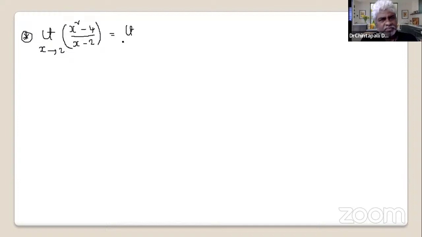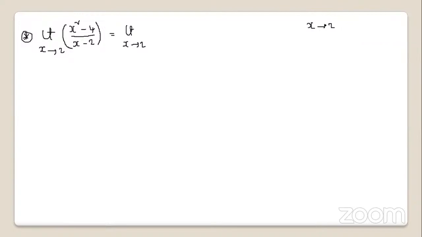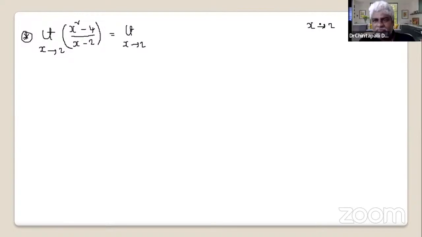Limit as x tends to 2. What is x square minus 4? What is your opinion about x tends to 2? What do you mean by x tends to 2? Is x equal to 2, or x approaching 2? X reaches 2 but never is 2. That means very clearly x is not exactly equal to 2.